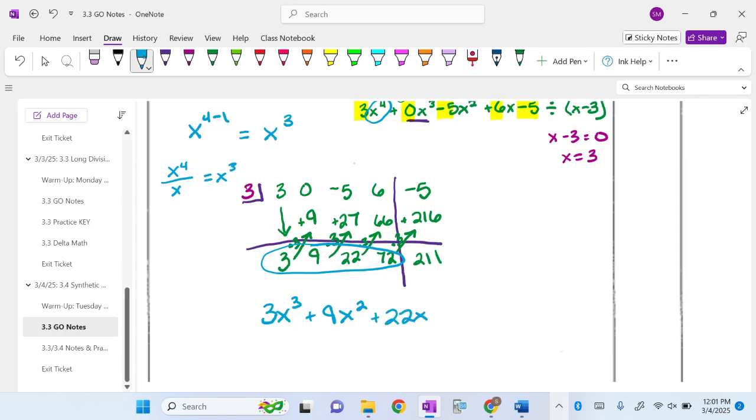What's next? Plus 72 is just a constant. And then the 211 is my remainder. So how do I write that? What am I originally dividing? X minus 3. So this is my answer.